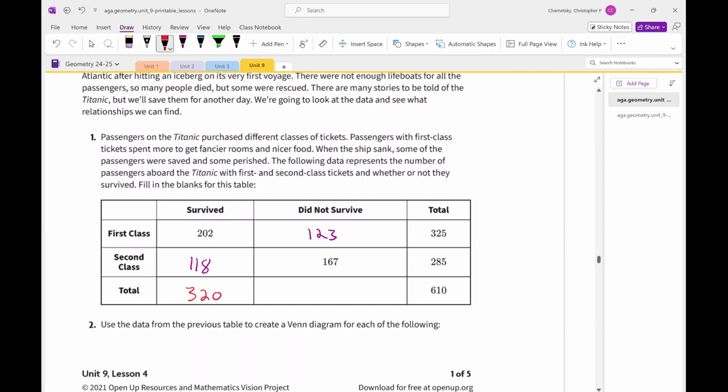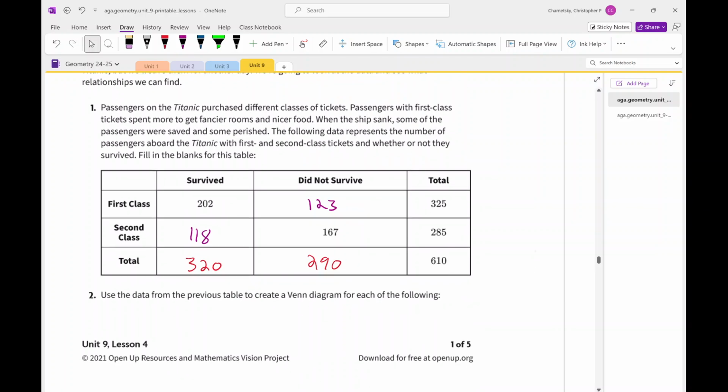And I can add the 123 and the 167. That'll give me a 290 total, and that should add up to 610, which it does. So the totals work in both directions.